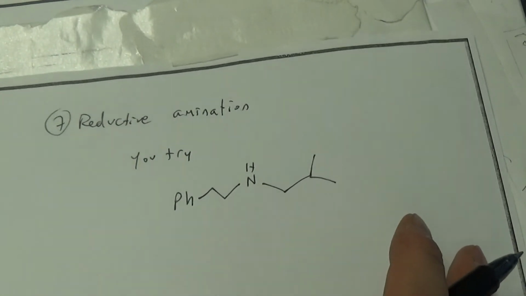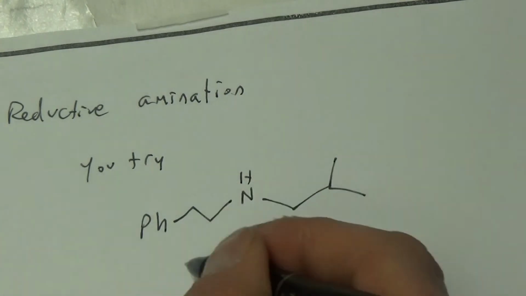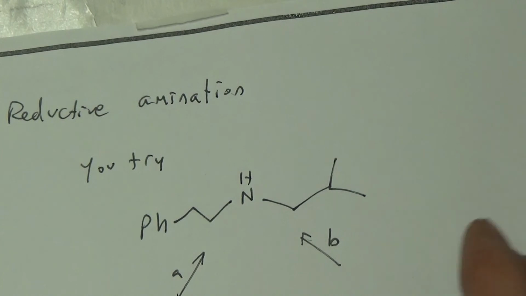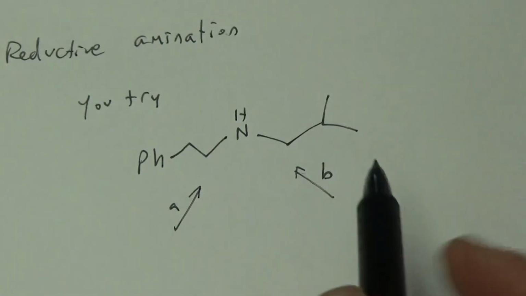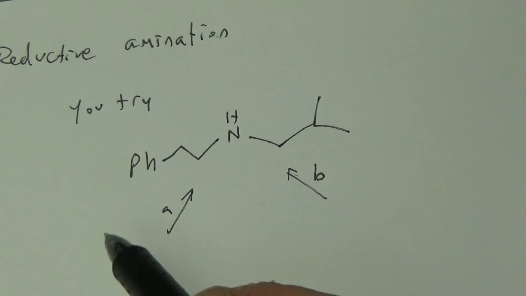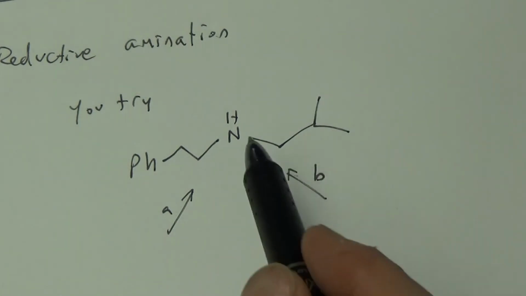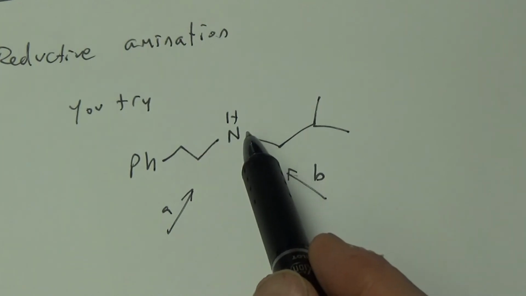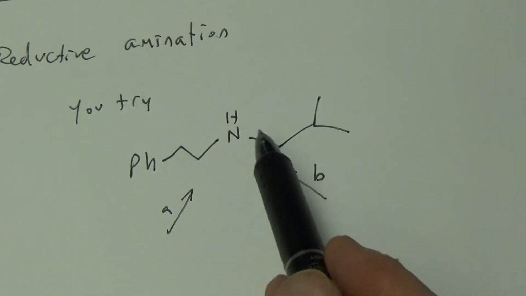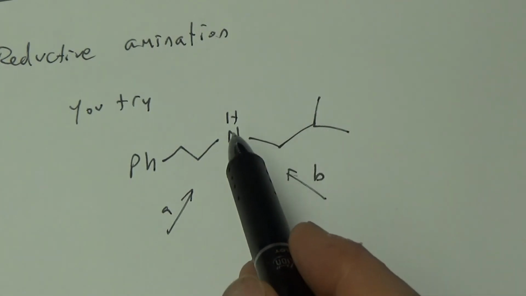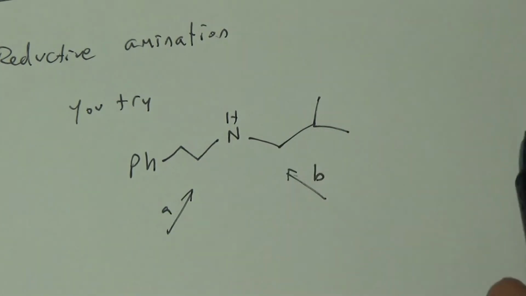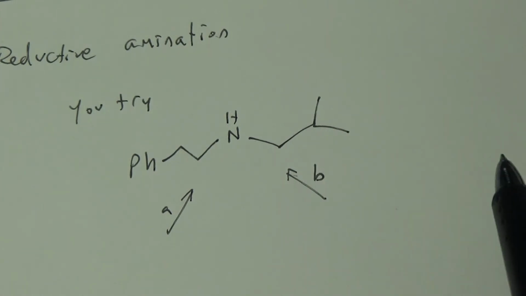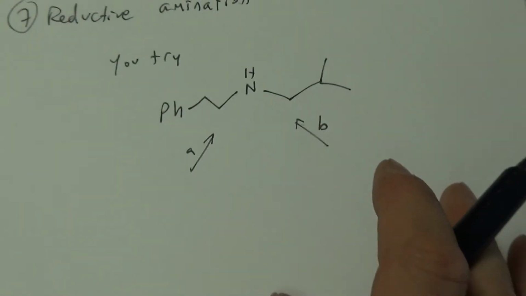But you can envision that this amine could be made by an A approach and a B approach, where you're going to break it down into 2 molecules for the A approach, and 2 molecules for the B approach. The trick will be, maybe you should draw an imine there, or an imine there, and then once you have the imine, you can break it down into probably an aldehyde and an amine, or another aldehyde and an amine.